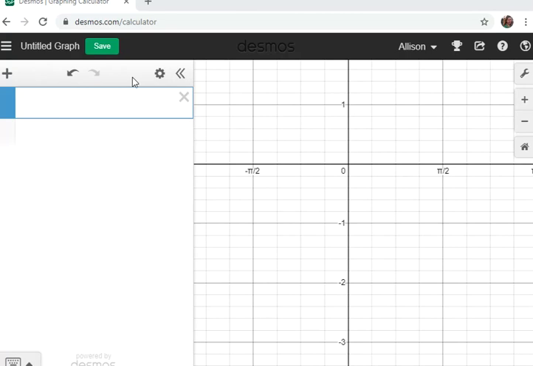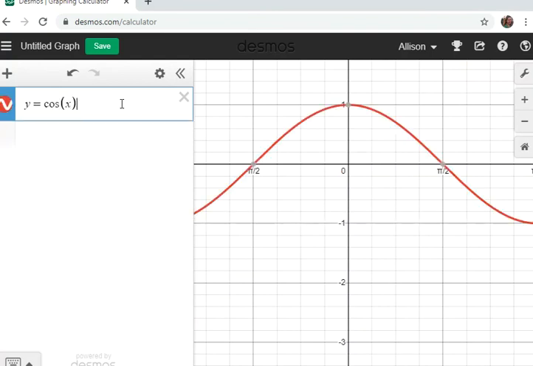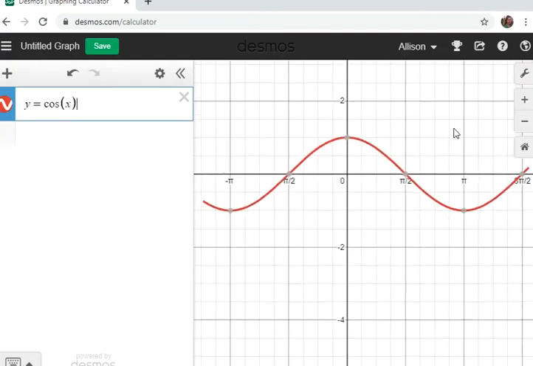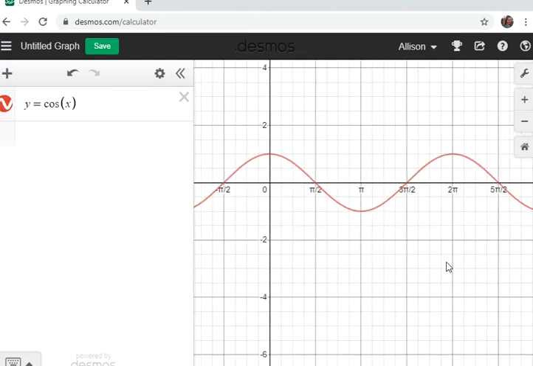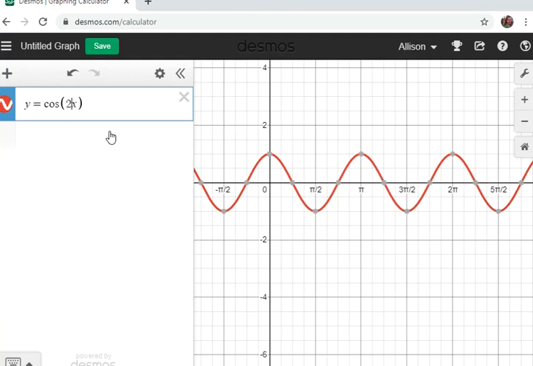So I'm going to start with the base graph, graphing y equals cosine of x. Let me change my zoom right here. There we go. So I'm seeing a full period, at least on this side. The first thing we did was shrink the period.